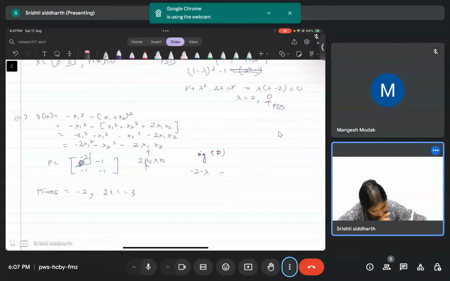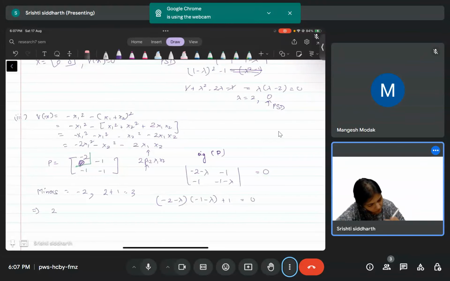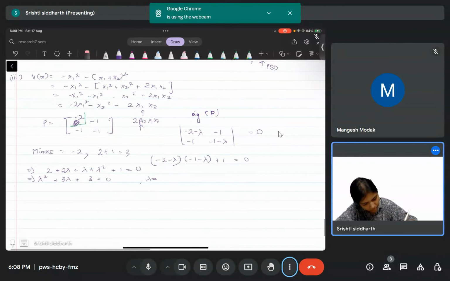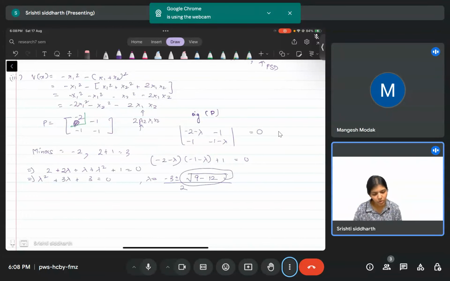And plus 2 and then this is optional and this cannot be because of the principal minors.